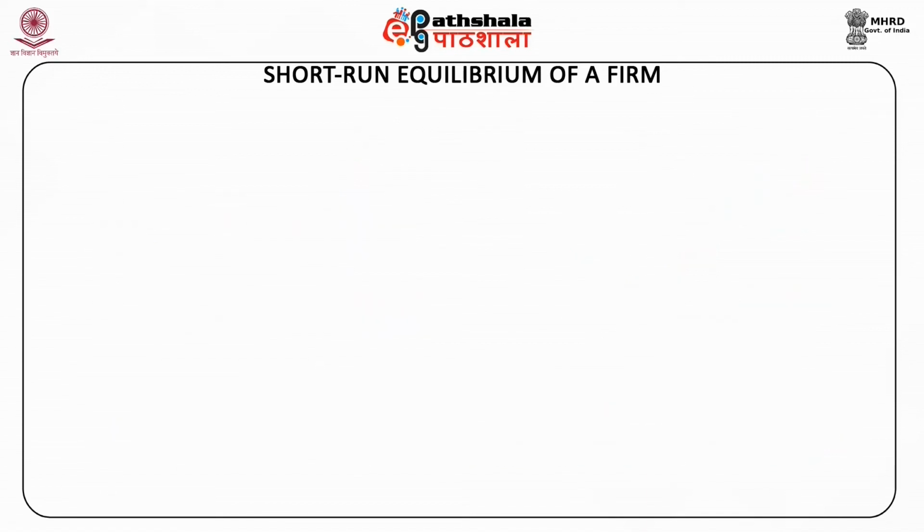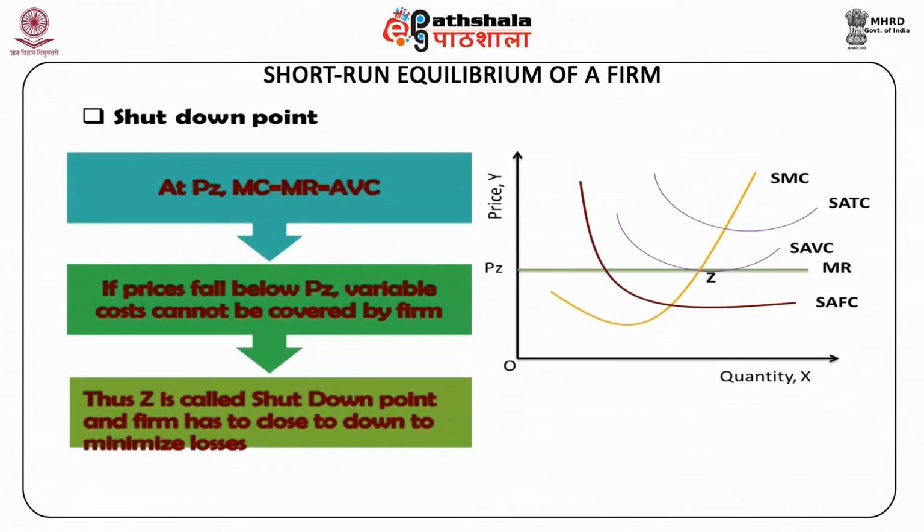The closing point or the shutdown point of a firm can be explained through a diagram. As we can see in the figure, the MR curve is the marginal revenue curve and PZ represents the price level. The short-run marginal cost curve cuts the marginal revenue from below.